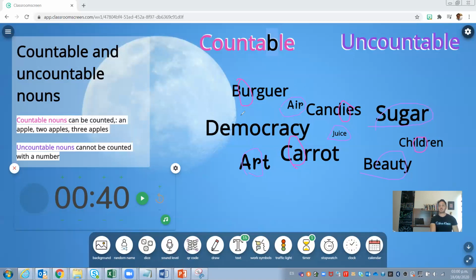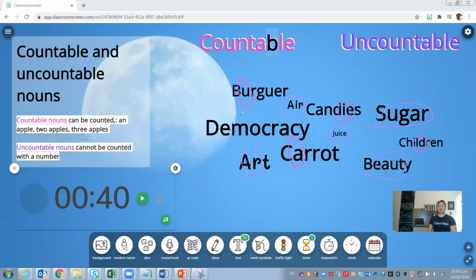Democracy, we cannot say one democracy or two democracies. We say little democracy or much democracy. So it's uncountable. Juice, it's uncountable. Children, we can say one child or two children, so it's countable. Art, we cannot say one art or two art.